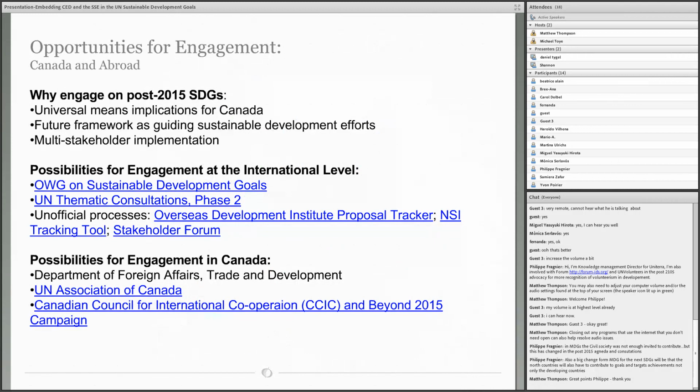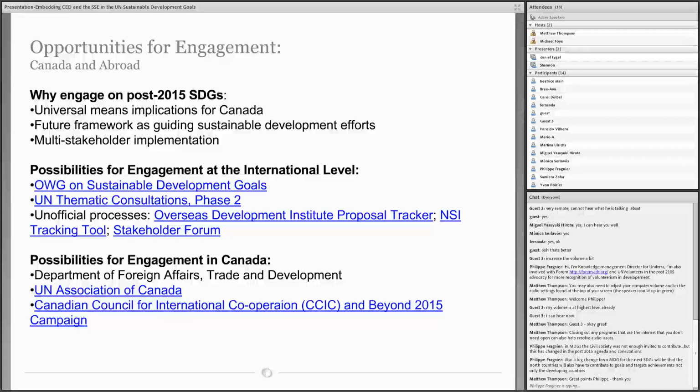Sure. So on the engagement side, one is the why engage, and the important thing to keep in mind there is that the agenda being proposed is supposed to be universal in nature. So whether your work is internationally focused or domestically focused, this is going to have implications.